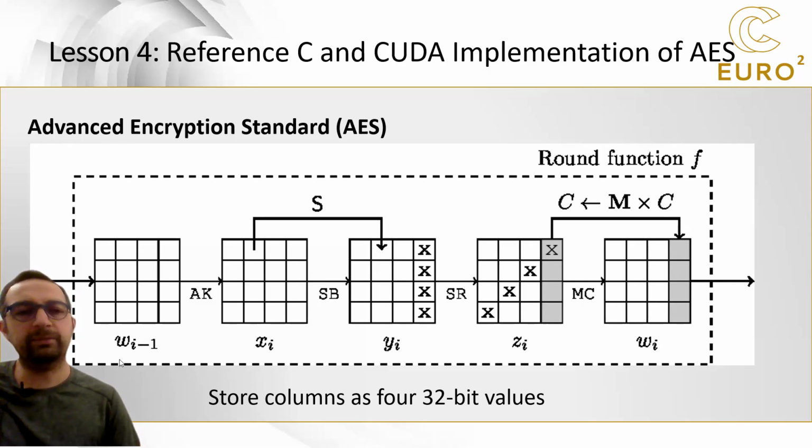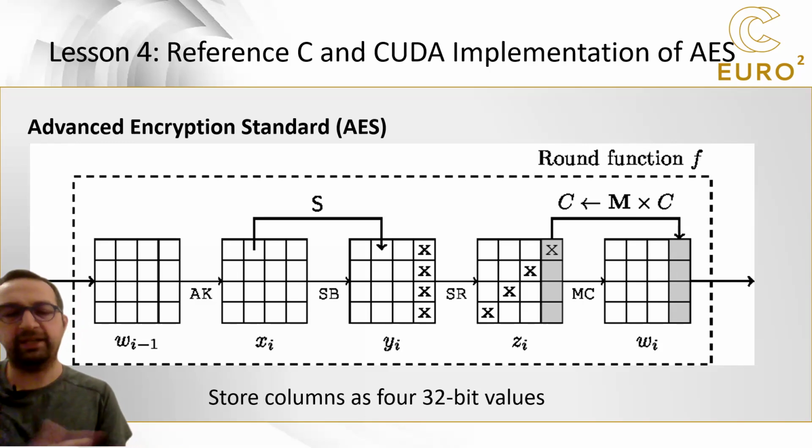In our implementation, one approach might be storing these 16 bytes as unsigned characters, as 8 bits. But generally, this causes a performance loss. So generally, what we do is store these columns as 32-bit values and perform the operations on these columns, since we are going to have matrix multiplication at the end anyway on columns.